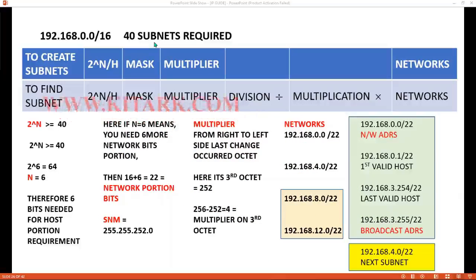So 40 subnets are required. I am using my jargon, 2 to the power n, h mask multiplier networks. Okay. So since the subnet count is specified, I can go for the network. So 2 to the power n greater than or equal to the same number they specify. 40 means you specify the 40 here. You don't need to add 2 here. Okay.